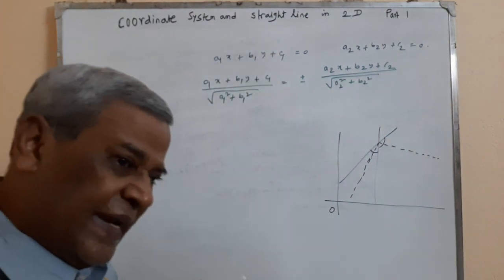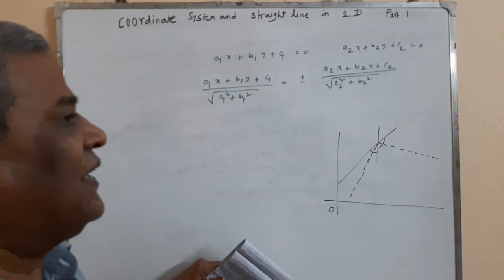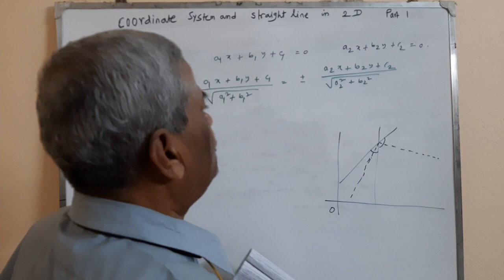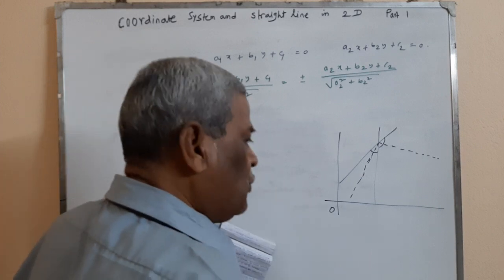Corresponding to plus, we get one equation of bisector. Corresponding to the negative sign, minus, we get another equation of bisector. So we get two equations of bisector.